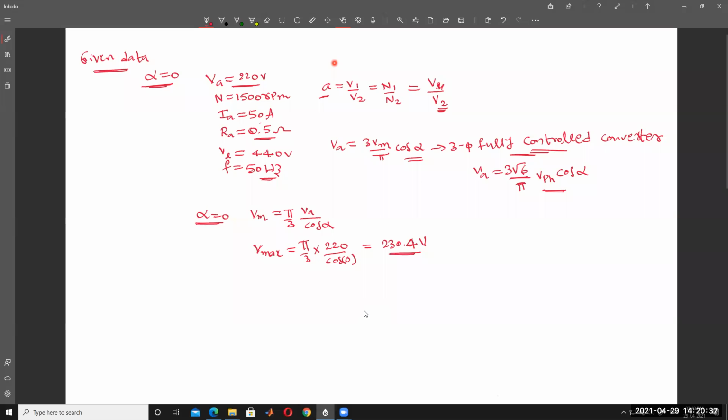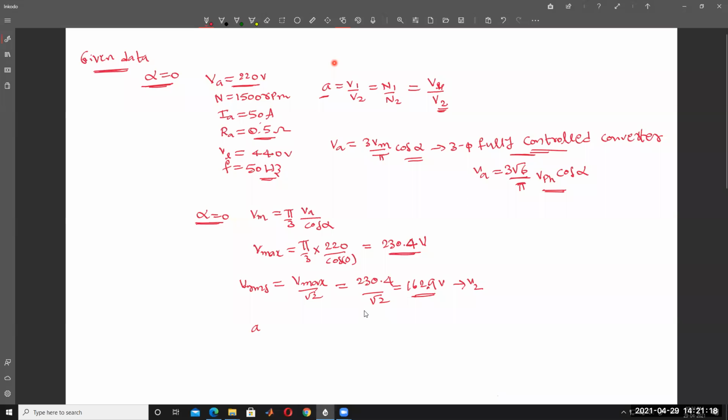Then VRMS is the RMS value of voltage, Vm by root 2, so 230.4 divided by root 2 is 162.9. This is nothing but V2 output. Then K is the turns ratio, the phase turns ratio, K meaning here A.